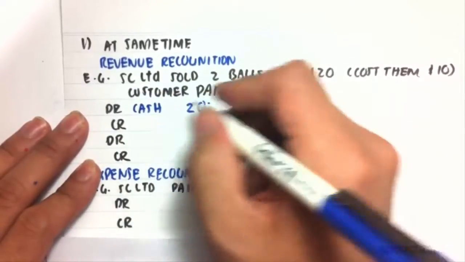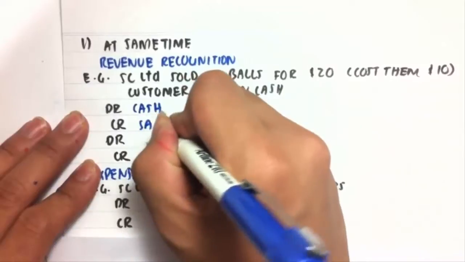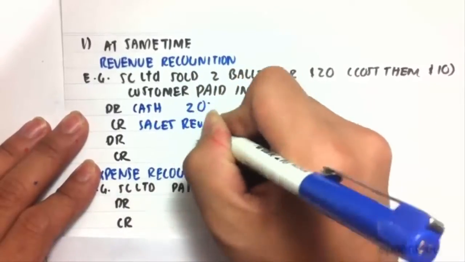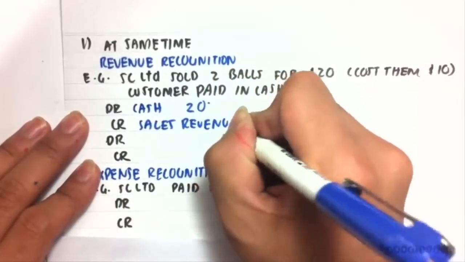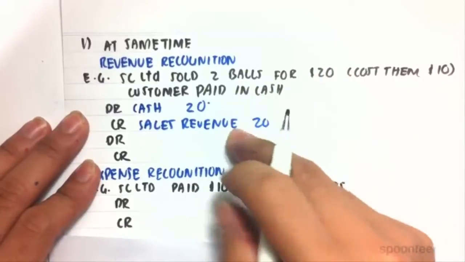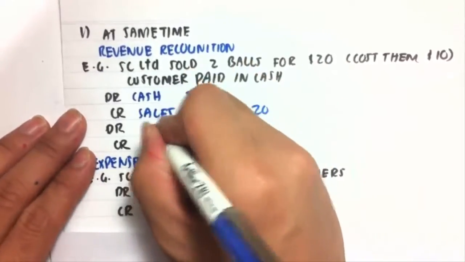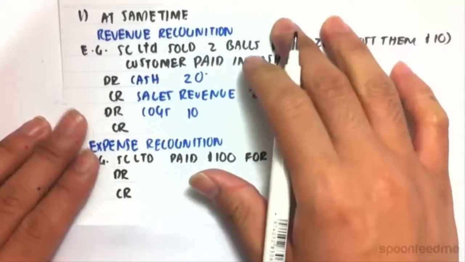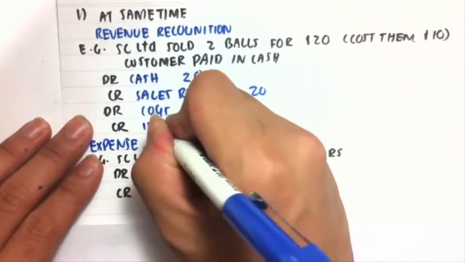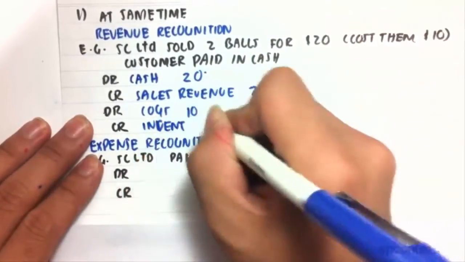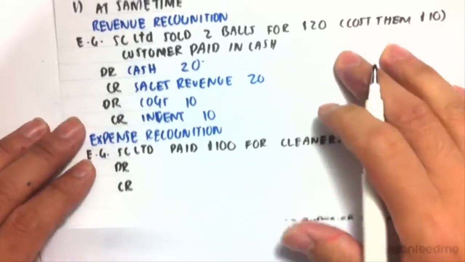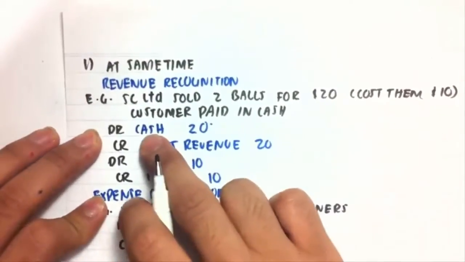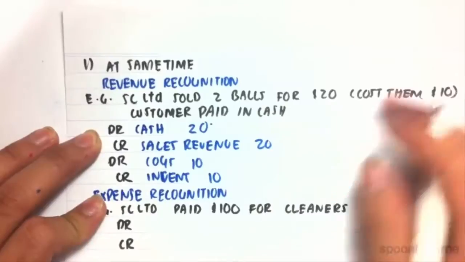Then we record our sales revenue, $20. You see these are at the same time. Then we record our COGS, which is $10, and lastly we record our decrease in inventory of $10 as well.